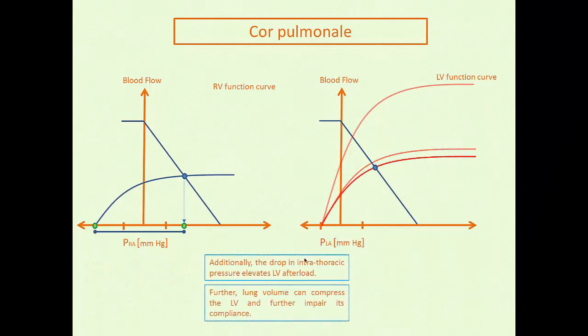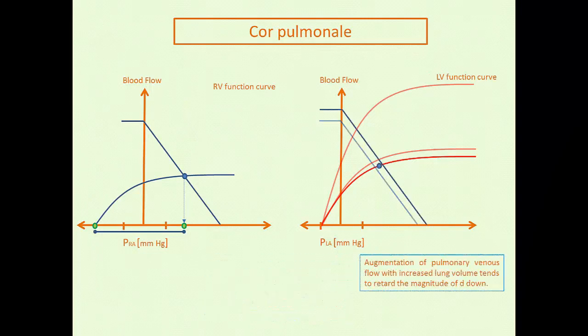So the drop in intrathoracic pressure can elevate left ventricular afterload. And additionally, if the patient is really hyperinflated, kind of like the teardrop heart that you see in the chest x-ray, and they've got lower lobe gas trapping, that can compress the left ventricle and further impair its compliance, and really impair left ventricular function.